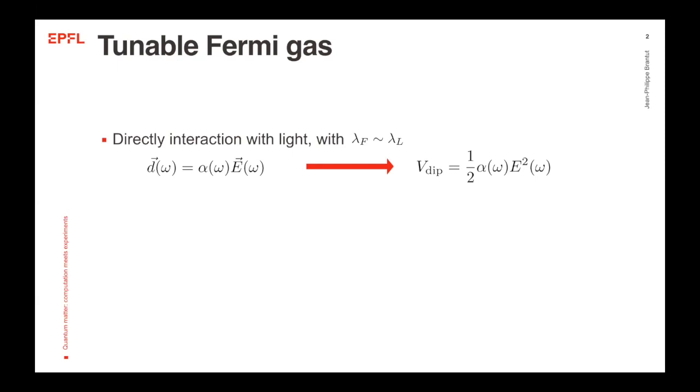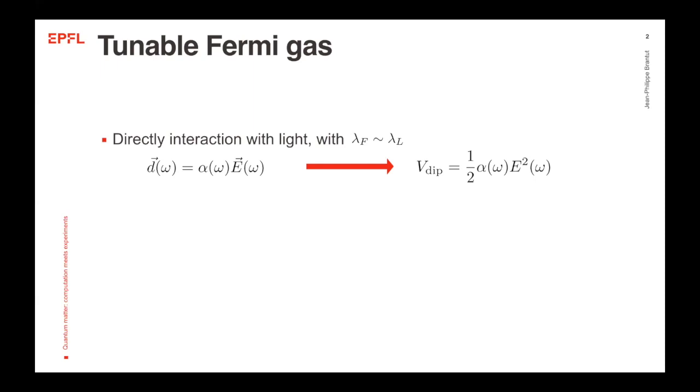And this is particularly handy because we deal with very dilute systems for which the Fermi wavelength is of the order of the wavelengths of visible light. And therefore, we can create structures and we can observe and manipulate the atoms at the scale of the Fermi wavelengths using microscopes and optical methods, which I'm going to detail a bit further. That's the first very important aspect.